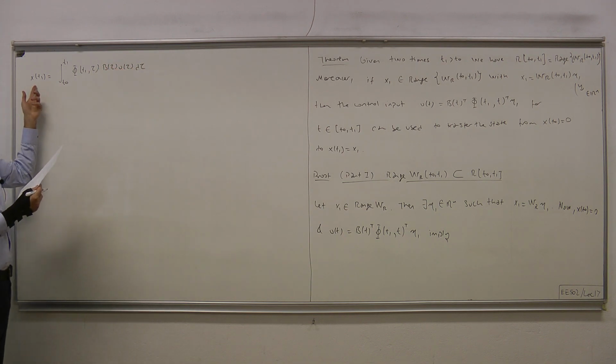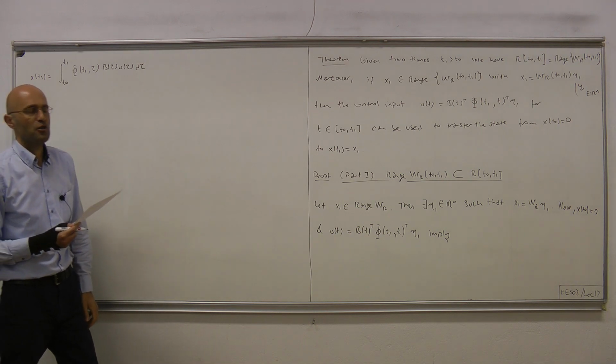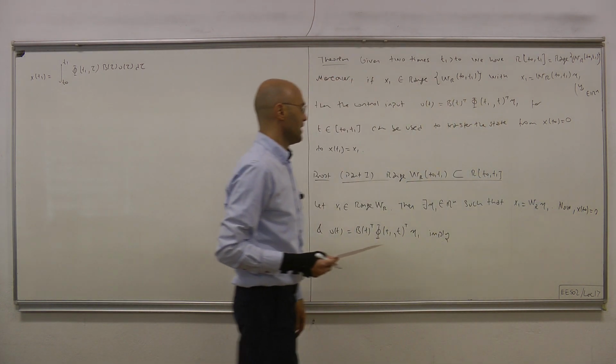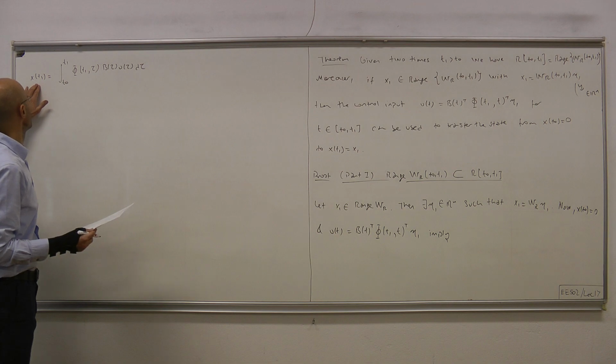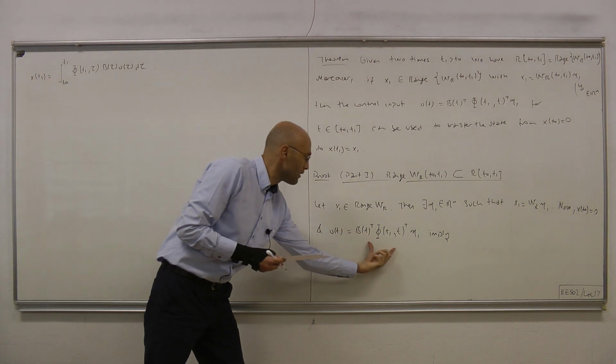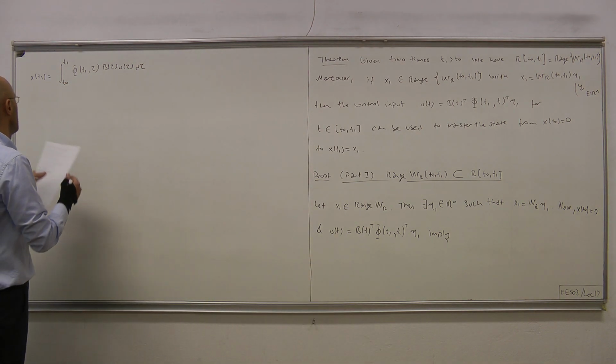So this is x of t1 for any input u of t starting from the initial condition x of t0 equals 0. Now let's see what happens to x of t1 if we pick this input, given in terms of eta 1.